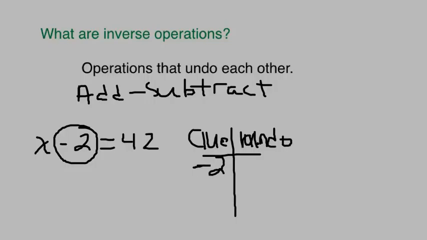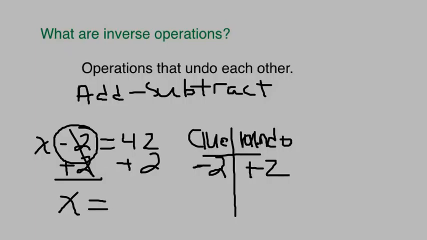So if I subtract 2, how do I undo a subtraction of 2? Well, I add 2. So in order to solve this equation, I'm going to have to add 2 to both sides of the equation. That gives me a zero pair, because negative 2 and positive 2 make 0. So I'm left with x on the left side, and when I add 2 to 42, I get 44.